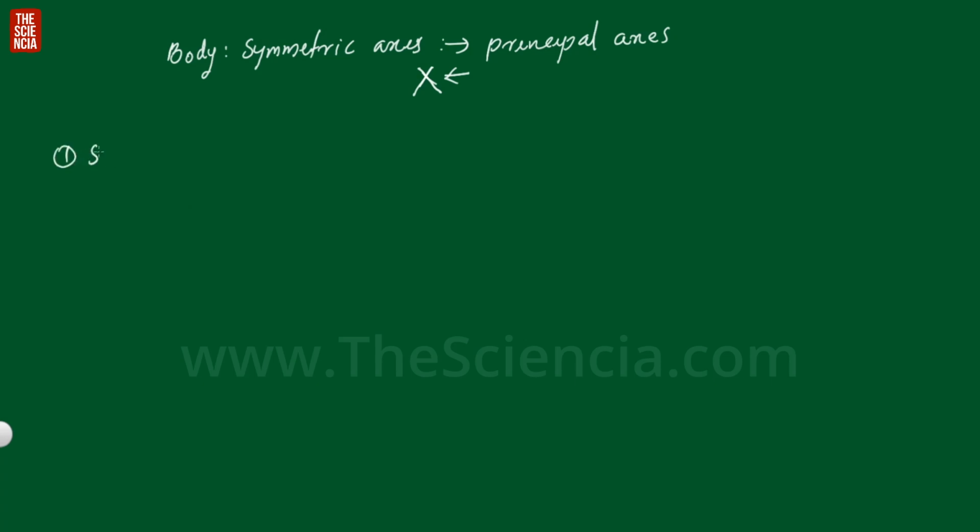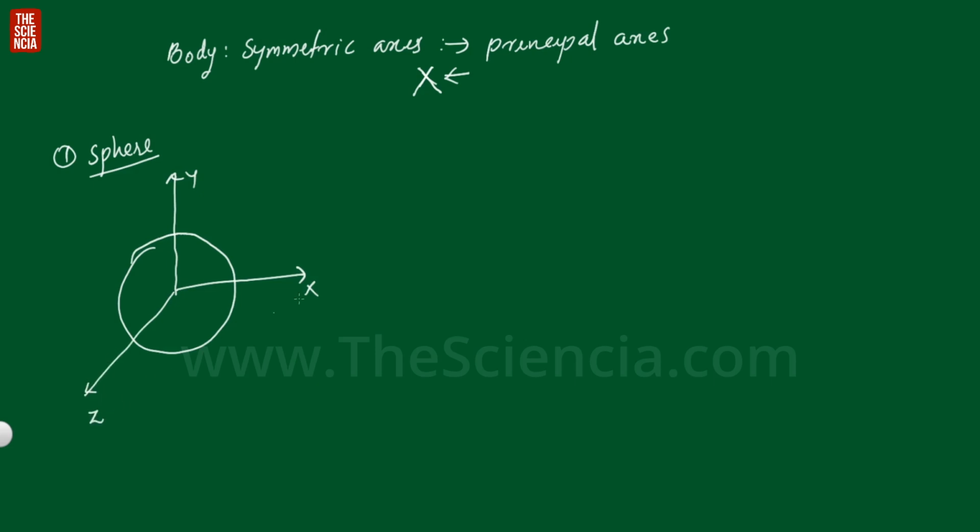I am taking a sphere. Here this is a sphere, and the coordinates are x, y and z. About the x coordinate it is symmetric, about the y coordinate it is symmetric, and about the z coordinate also it is symmetric.